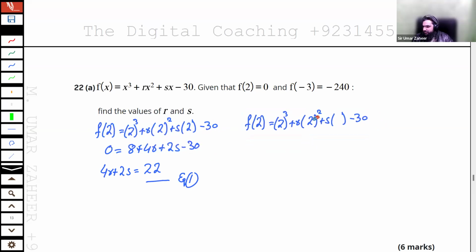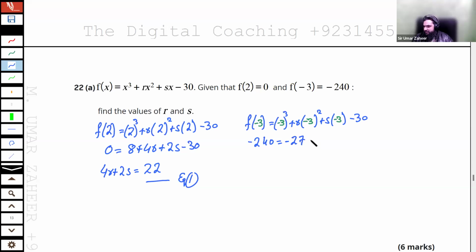Now in the place of 2, what do I have to substitute? Minus 3. He says that f of minus 3 is equal to minus 240. Minus 3 cubed: 3 times 3 is 9, 3 times 9 is 27.